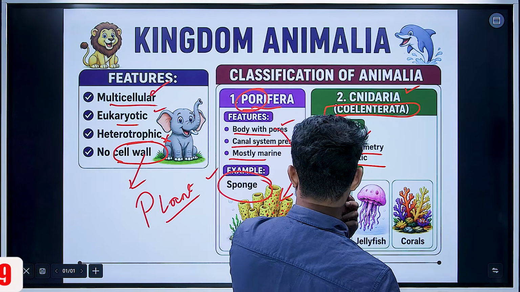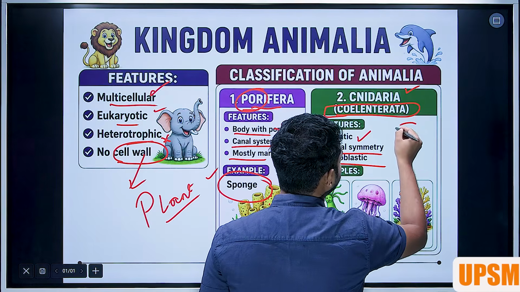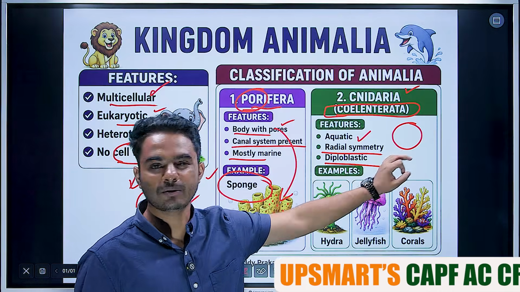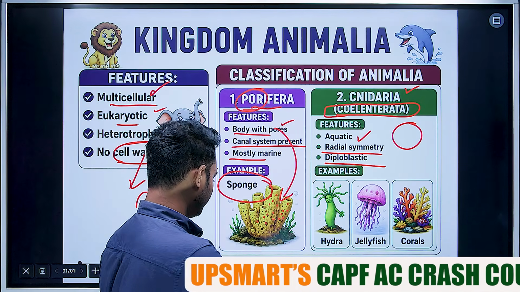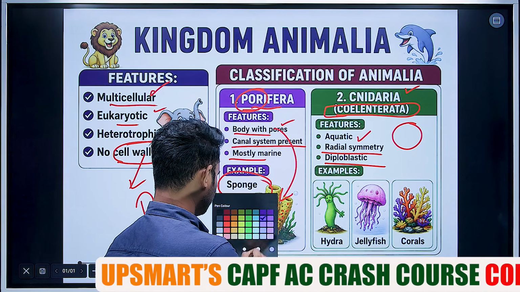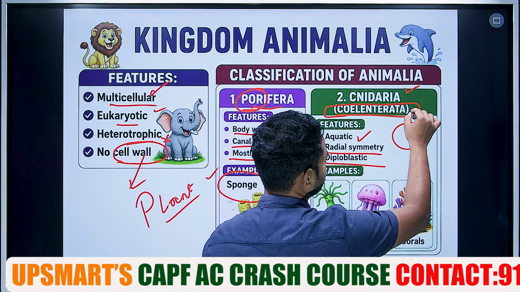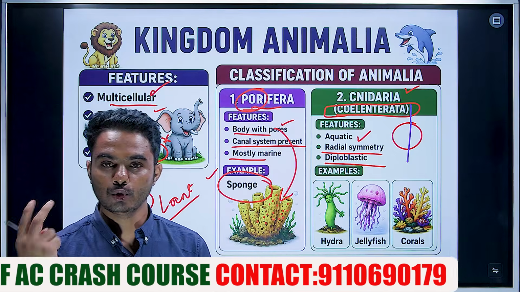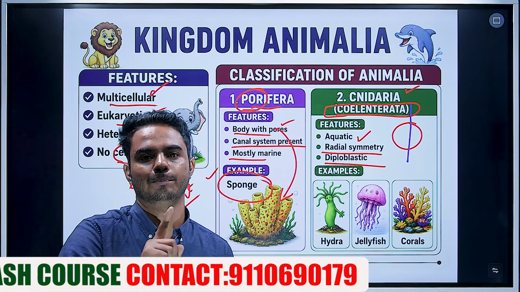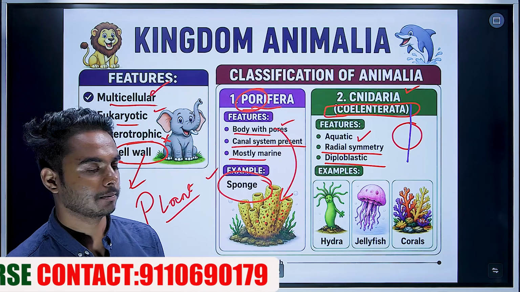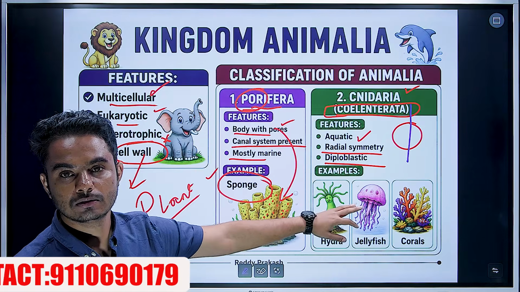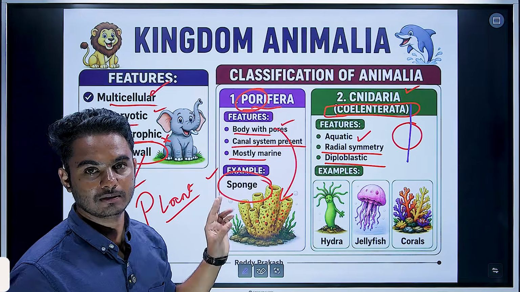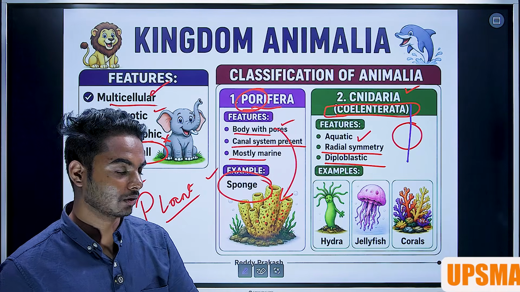Say you have a body. Just think this is the body of an organism. If you can cut the body into two equal halves in only one particular plane, then that is called bilateral symmetry, also called double symmetry or bisymmetry.